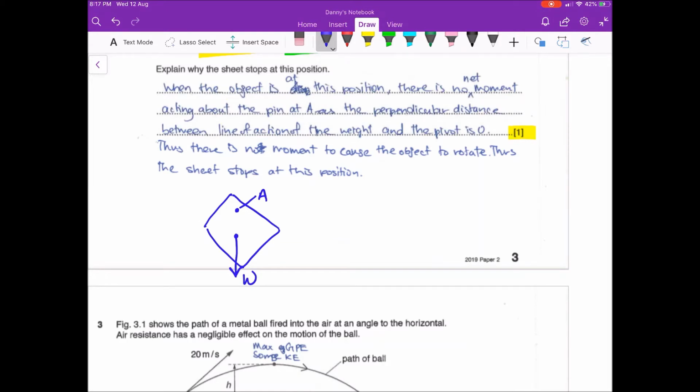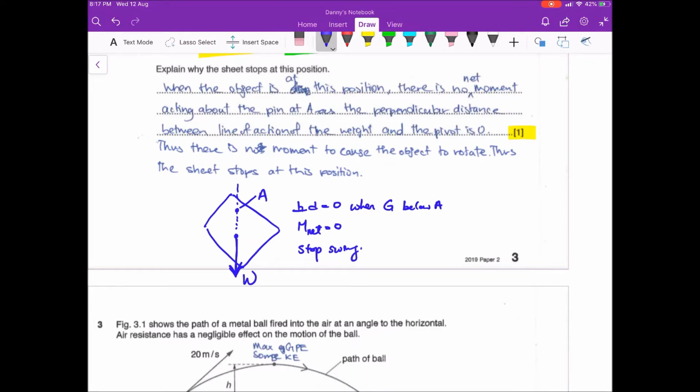If I do the same thing, you can see the line of action for the force W is here. There's no more perpendicular D. So the key thing here is that because there is no more perpendicular D when my point G is below A, I would have Mnet equals to 0. When Mnet equals to 0, it will stop swinging.